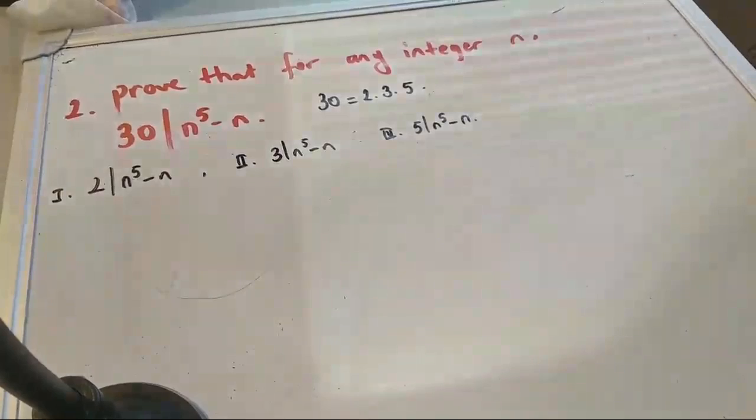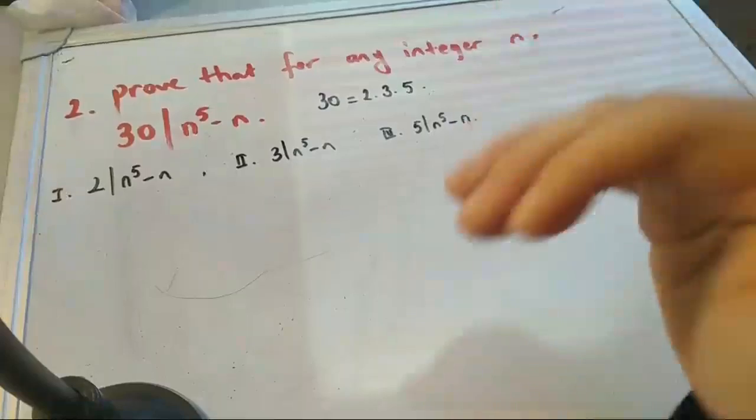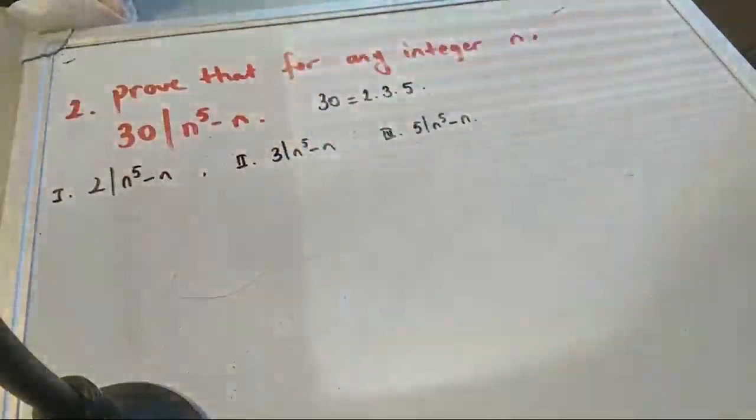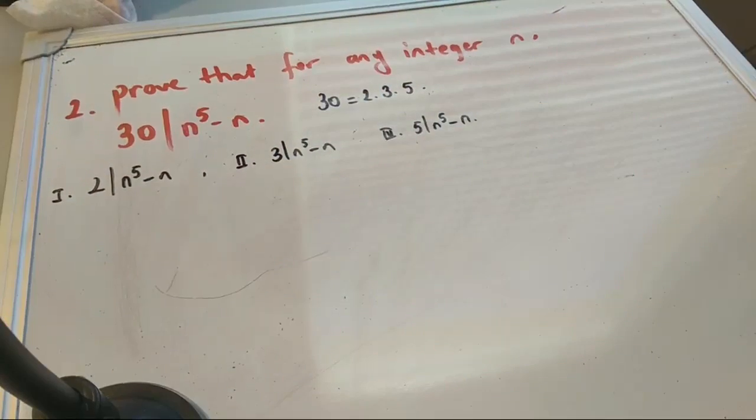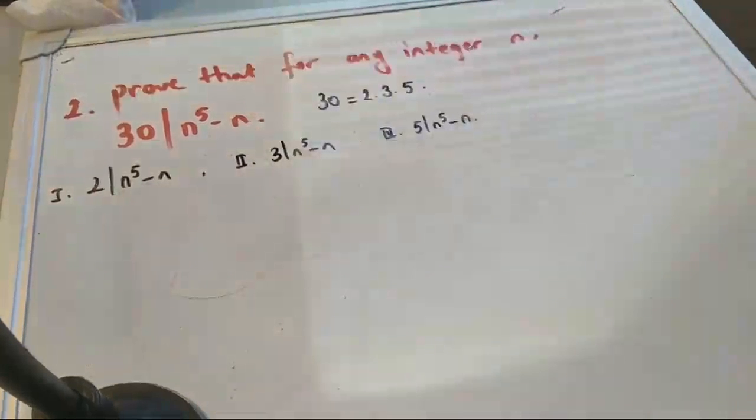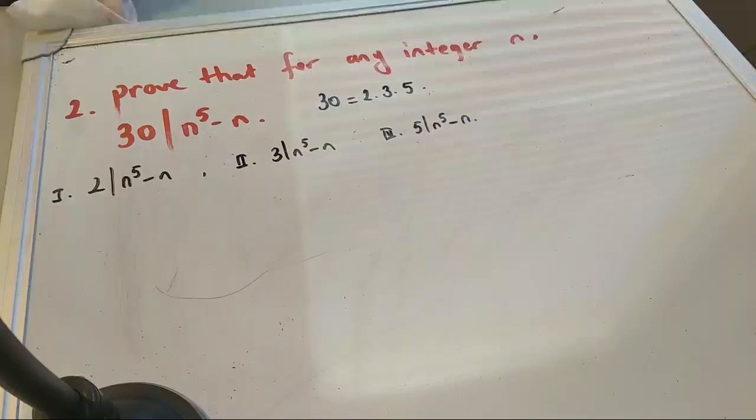We have to solve each case here. When we prove each case, automatically n to the power of 5 minus n for any integer is divisible by 30.